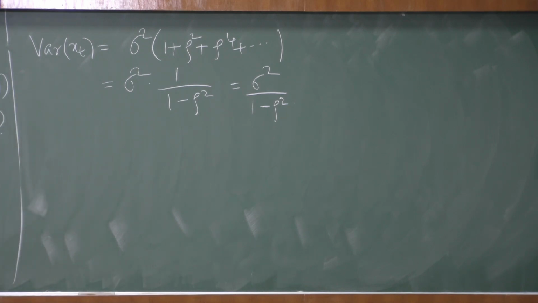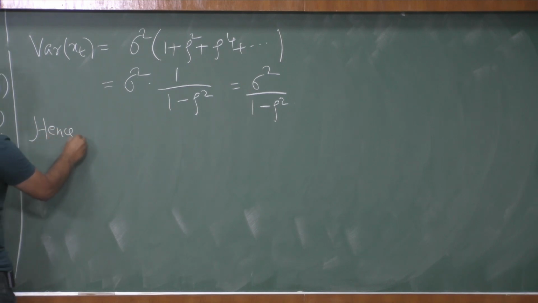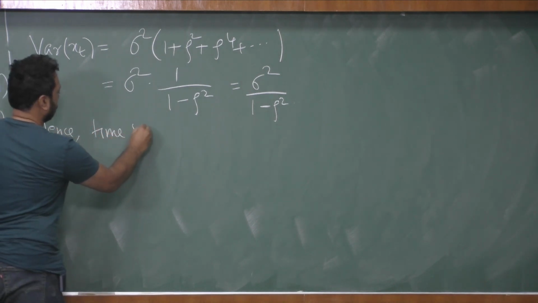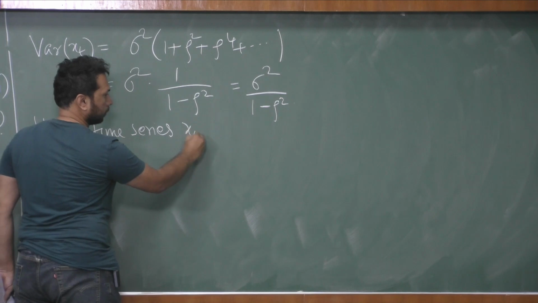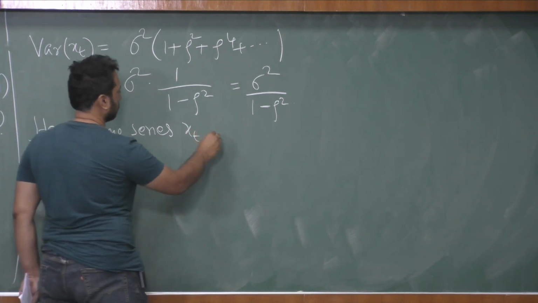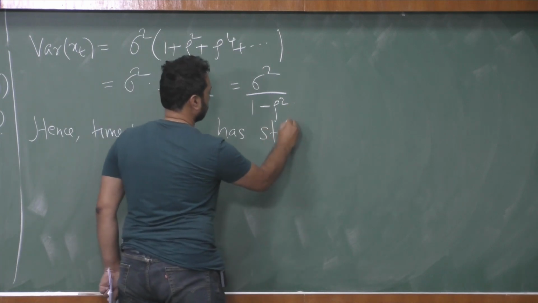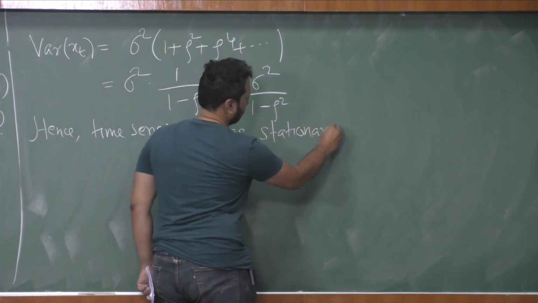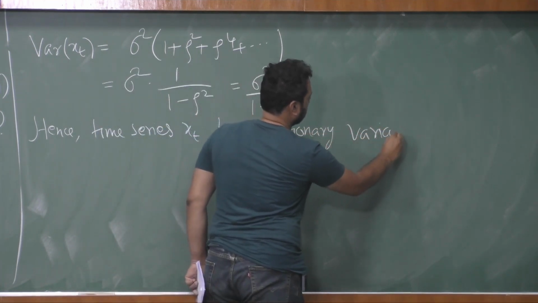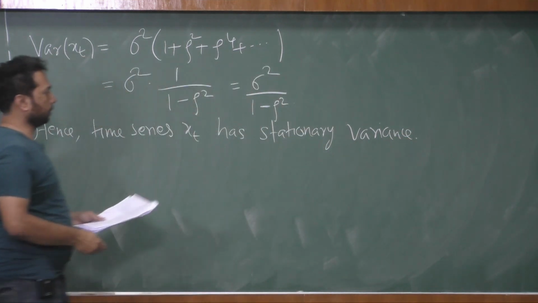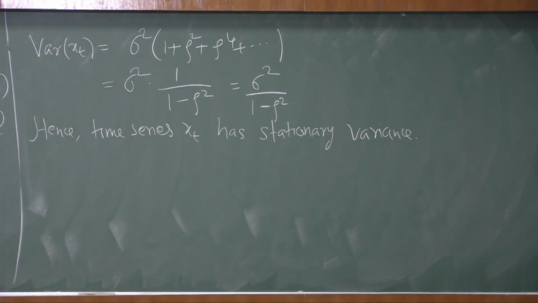So hence we can say that the time series xt has stationary variance. We can make a claim that it has stationary variance. So this is the first result.